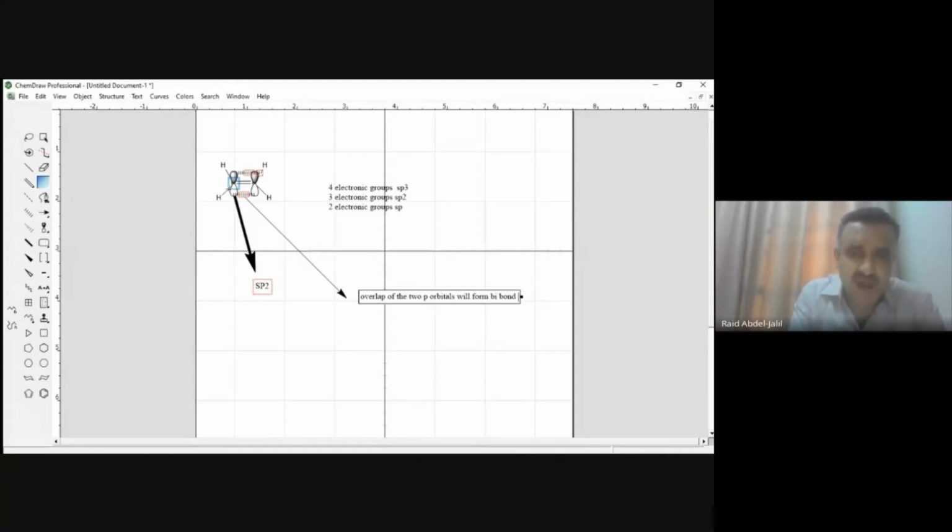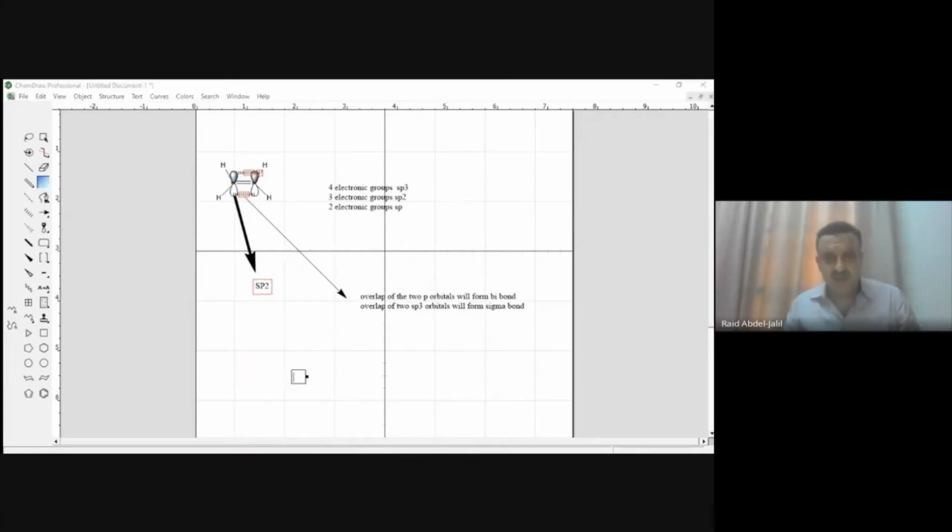Anyway, the overlap of two sp2 orbitals will form the sigma bond. Do you follow me?